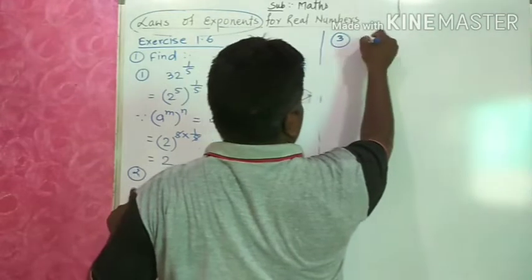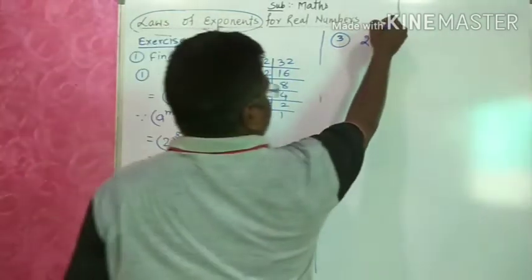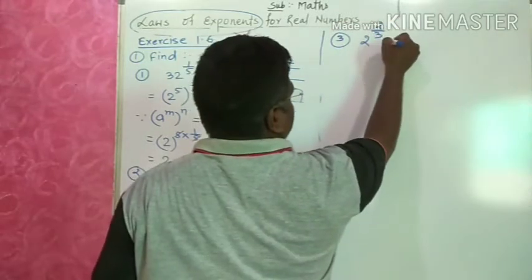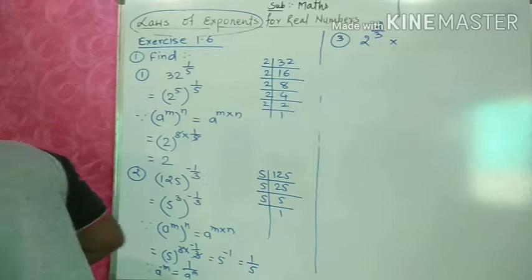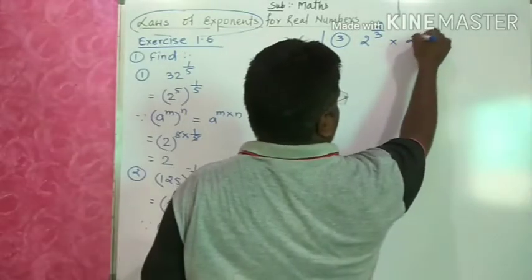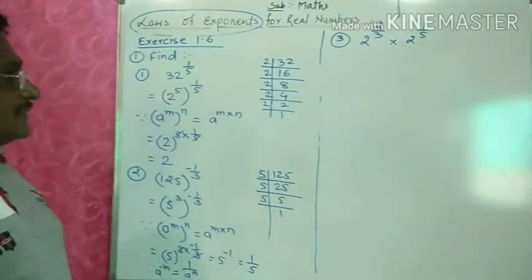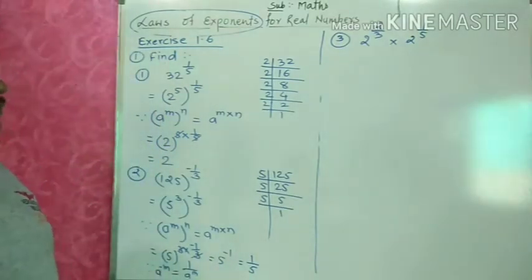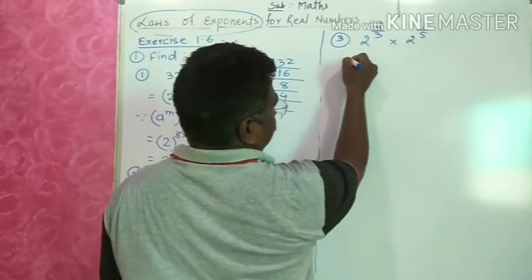Third, 2 raised to the power 2 by 3 into 2 raised to the power 1 by 5. Like that it is given. So here also we use laws of exponents.